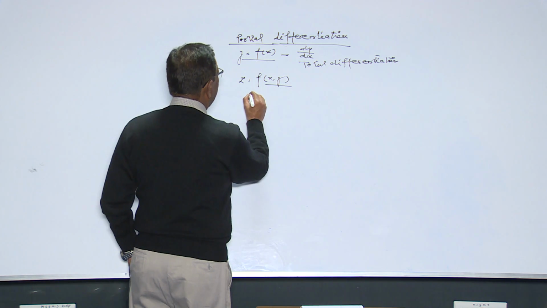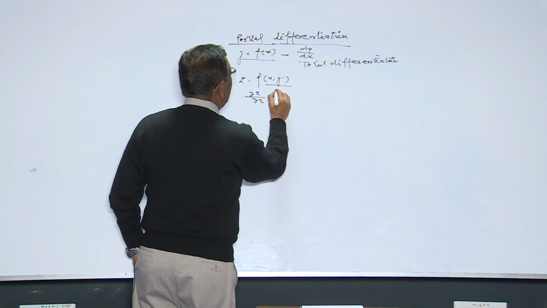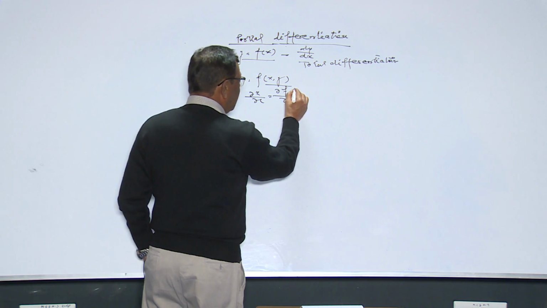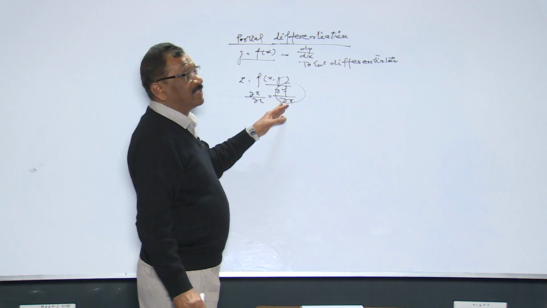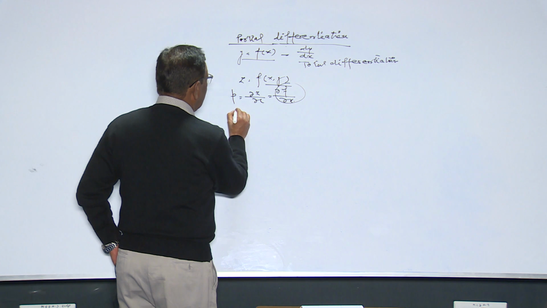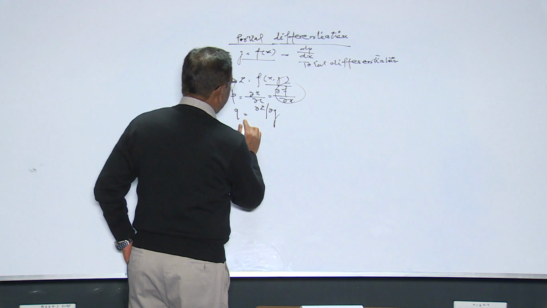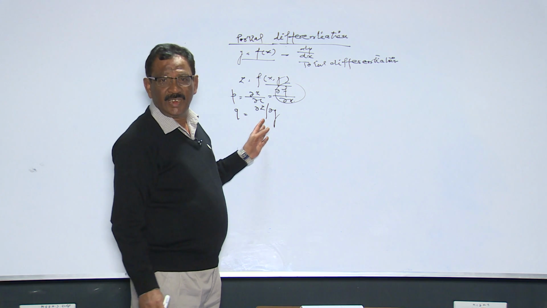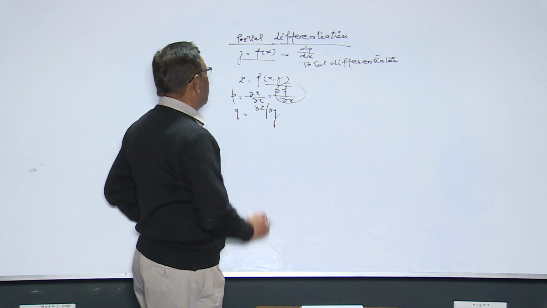That is, ∂z/∂x, that is ∂f/∂x, which is the differentiation of f(x, y) with respect to x, treating y as a constant, and this is denoted by p. Second, ∂z/∂y, that is the differential of z with respect to y, treating x as a constant. So these two are denoted by p and q.